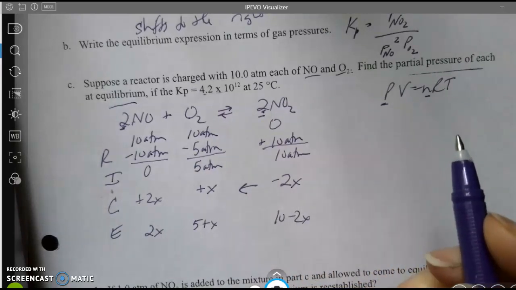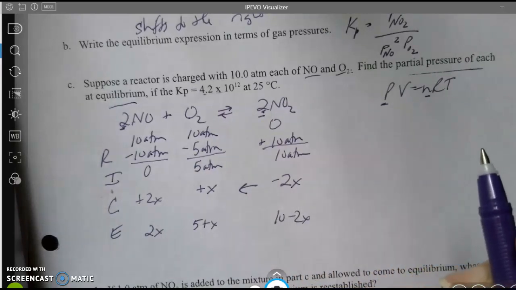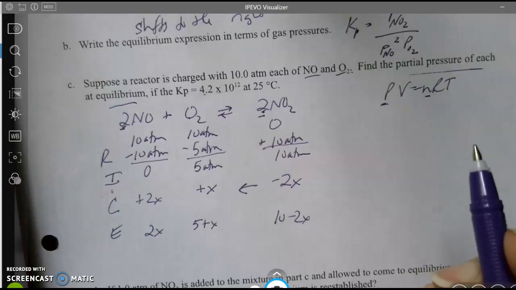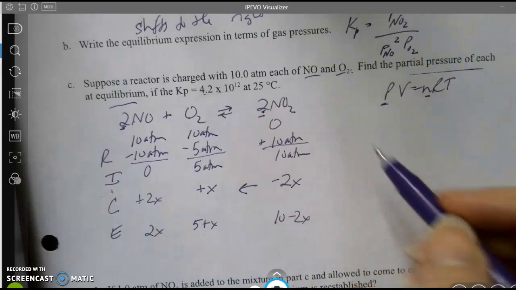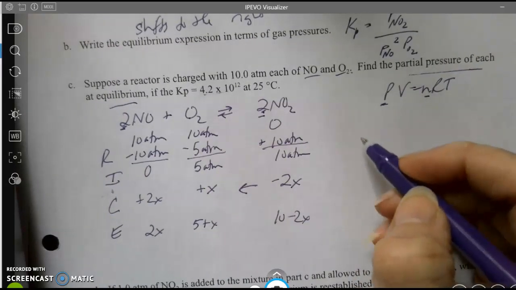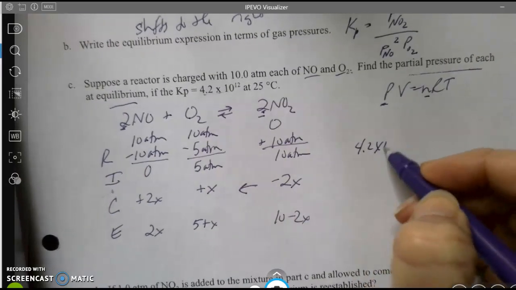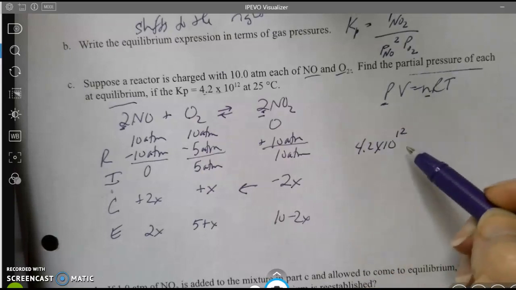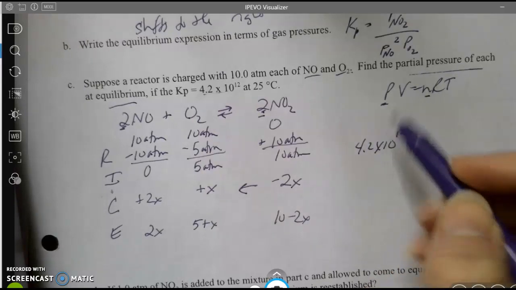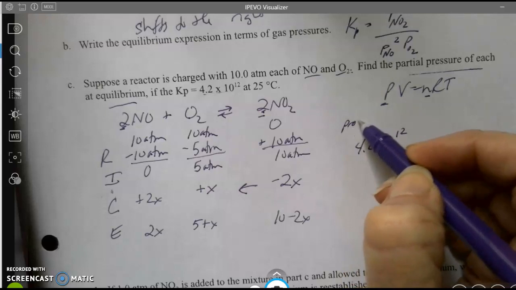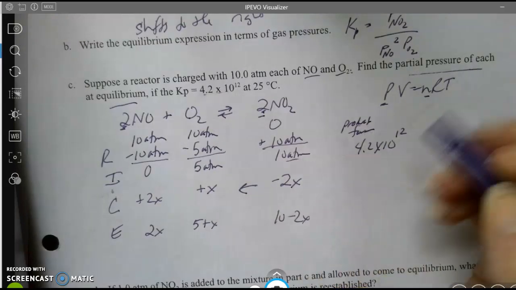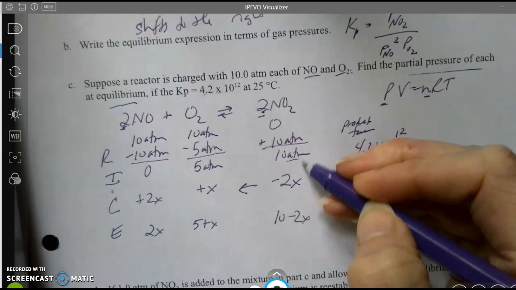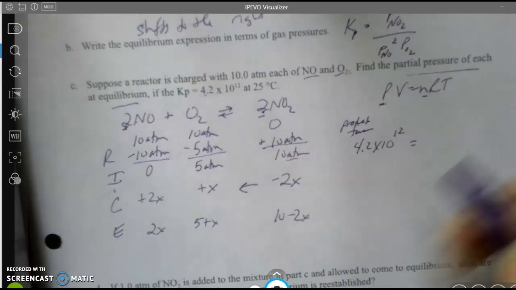So now I'm ready to plug everything into my equation. When I look at my Kp value, 4.2 times 10 to the 12th is a huge equilibrium constant. So this is product favored. It's very much skewed to this end. So taking 2x from this 10 atm is going to be minimal.